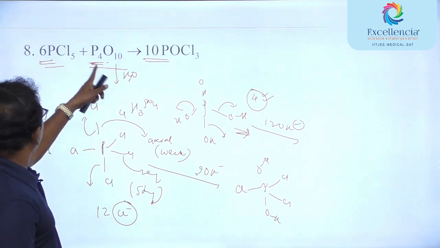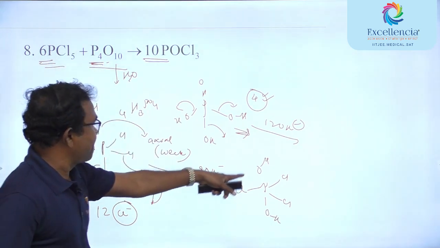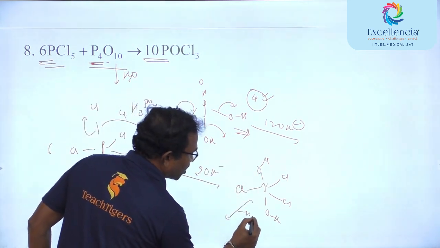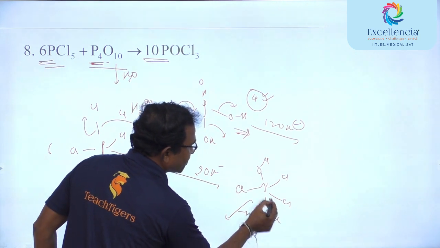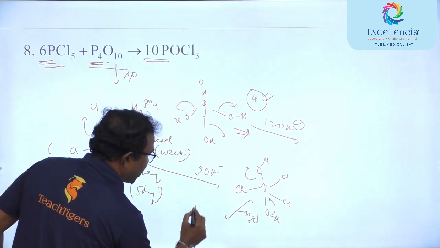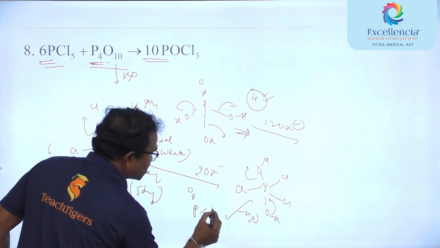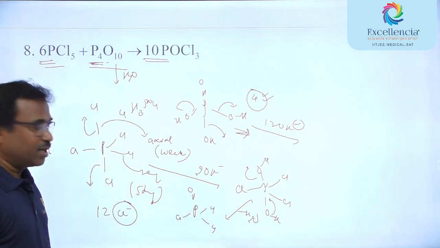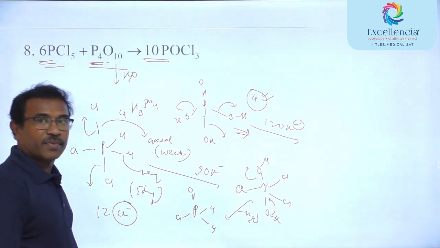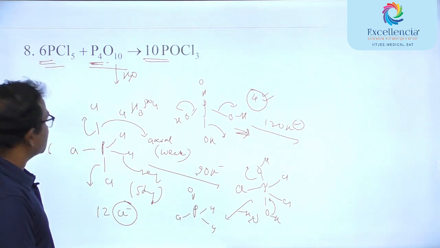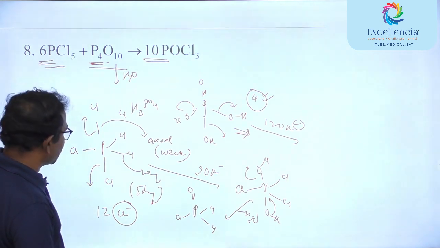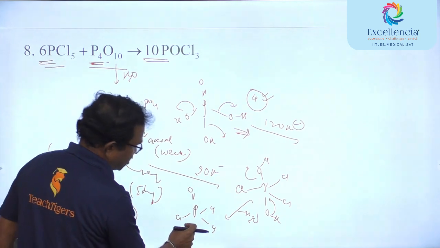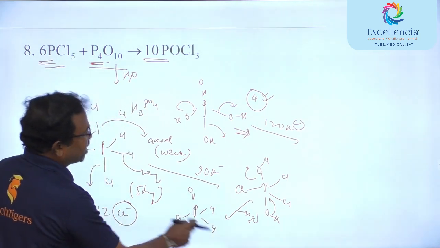Definitely now, each of these will lose 1 mole of water, something like this, and this gives you P double bond O, Cl, Cl and Cl. That is POCl3. So each one should have. Now the question is, I showed you PCl5 is converting to POCl3.